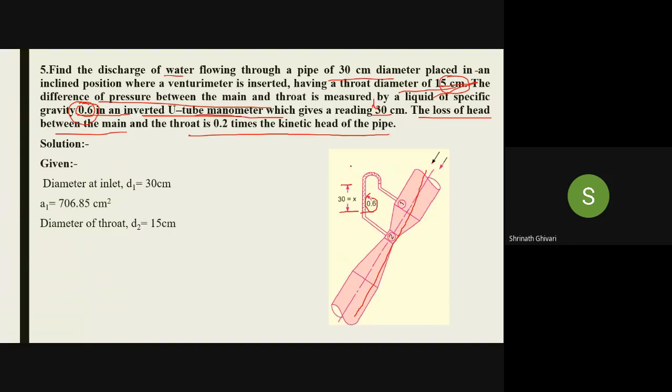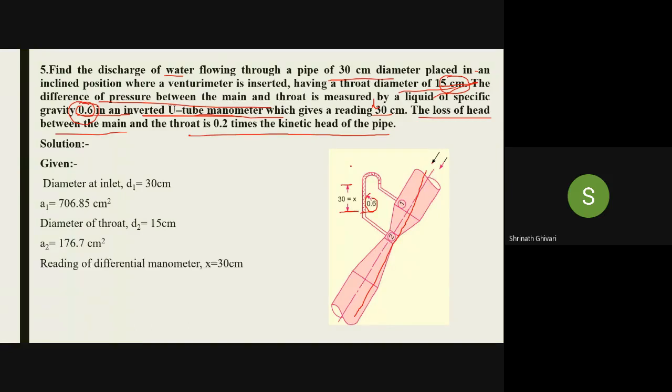Diameter of throat d2 is 15 centimeter. What will be the area? 176.71 centimeter square. Good. Now what is given next?